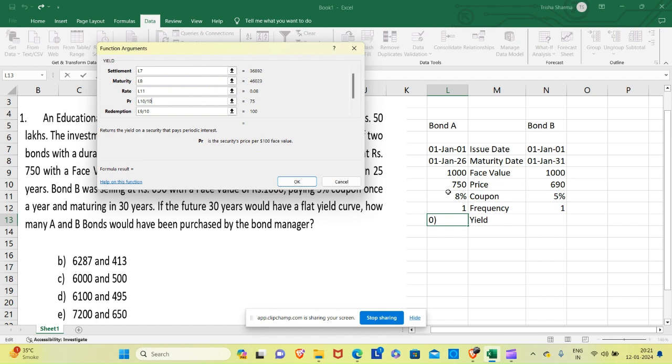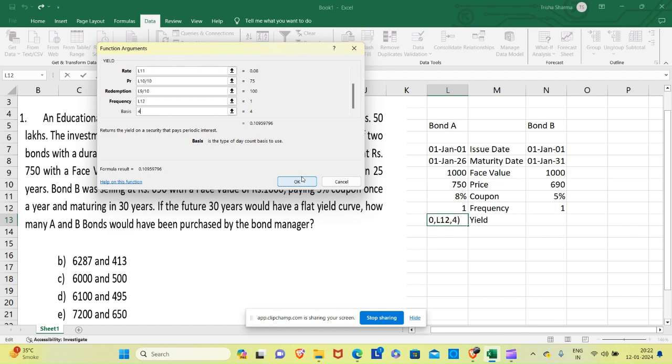Because the face value in Excel which is considered is 100, it's not 1000. So to bring 1000 back to 100 as per the formula, we divide it by 10. Having done that, we will scroll down and put frequency as 1, and basis we'll take as 4, which is typically used for government bonds. You can take any basis, but here I am taking it as 4.